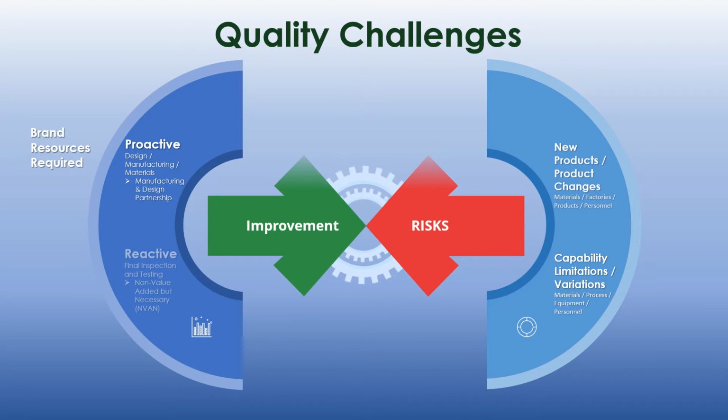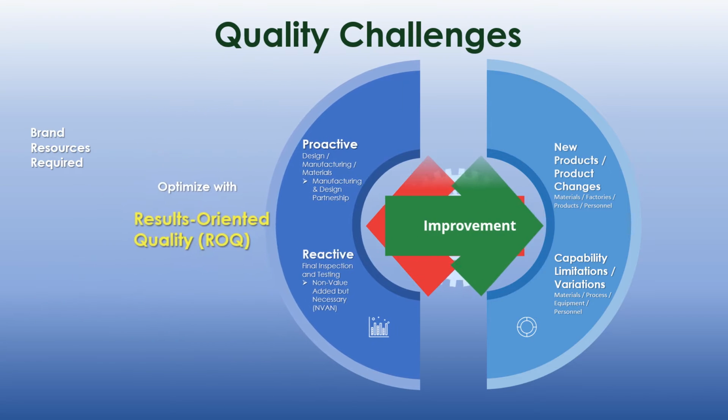On the other hand, the reactive approach to quality improvement is based on catching problems or defects through audits, inspections, and testing. In the lean method, these are referred to as non-value added but necessary, or NVAN. The good news is that these can now be optimized with results-oriented quality, or the ROQ method.